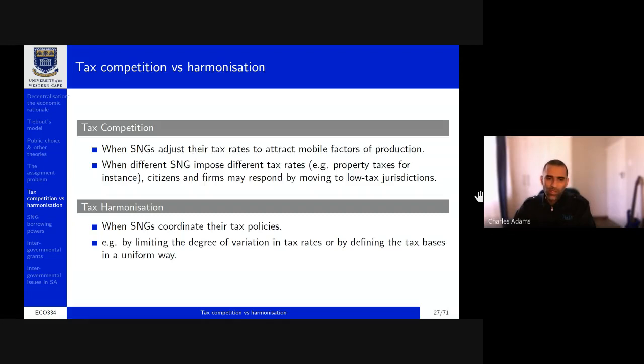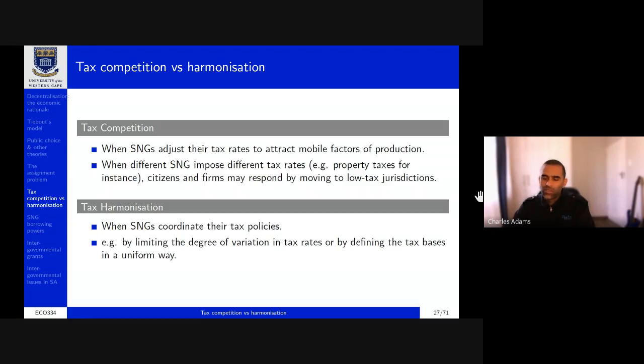Tax harmonization, on the other hand, is when subnational governments coordinate their tax policies. So one example of this is by limiting the degree of variation in tax rates, or by defining the tax bases in a uniform way. In other words, Western Cape isn't going to look at Eastern Cape and say, okay, this is what they're doing in terms of property taxes.